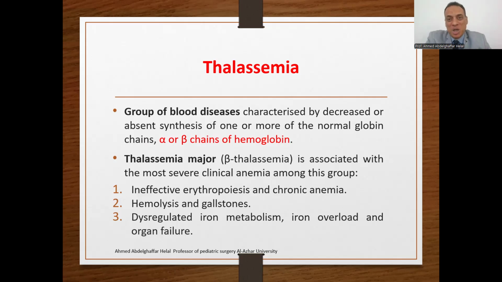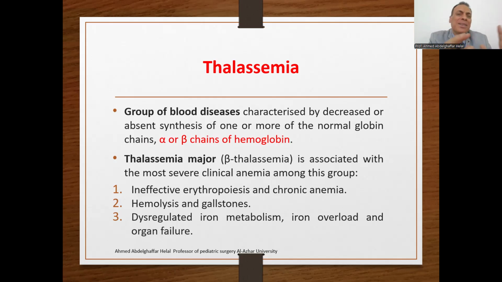So there is chronic anemia, because these are malformed RBCs with abnormal hemoglobin that cannot carry the oxygen properly to the tissues. So this child may have chronic anemia. Already these abnormal RBCs will also be destroyed, hemolysis, and form gallstones. Destroyed RBCs will release iron, and so there is iron overload, which will be precipitated in the tissues and may end with organ failure.